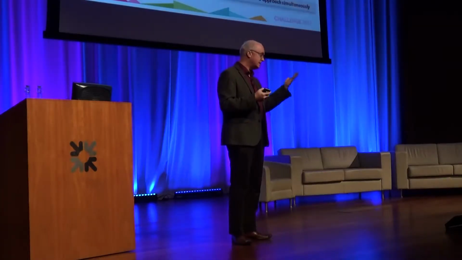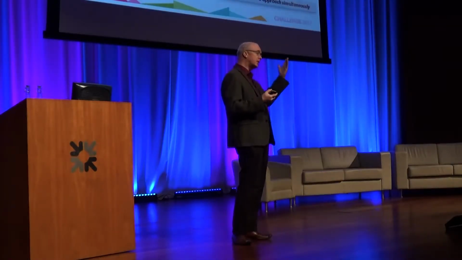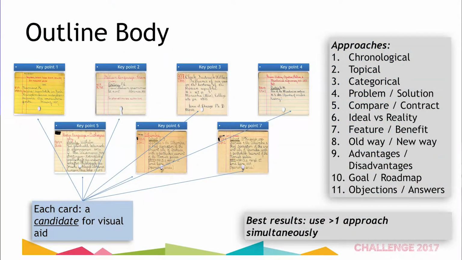And as you go and define these things, there's different ways to do it, okay? Here's some suggestions: chronological order, topical order, all sorts of different ways of doing it. There is no one right way to do it. And best advice, received wisdom seems to be use more than one technique, okay? But however you're going to do it, you want to make it interesting and as a story and kind of flow.